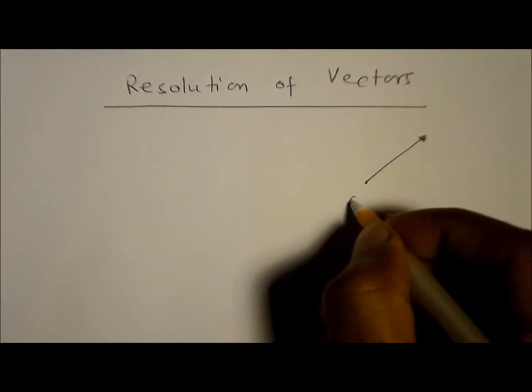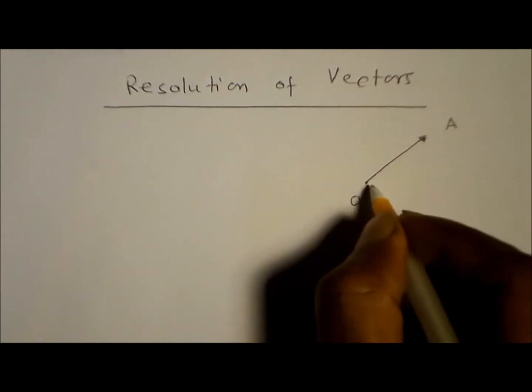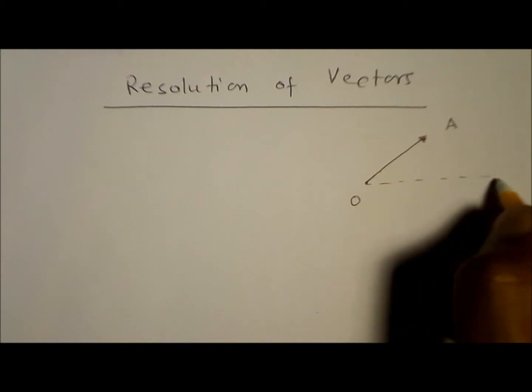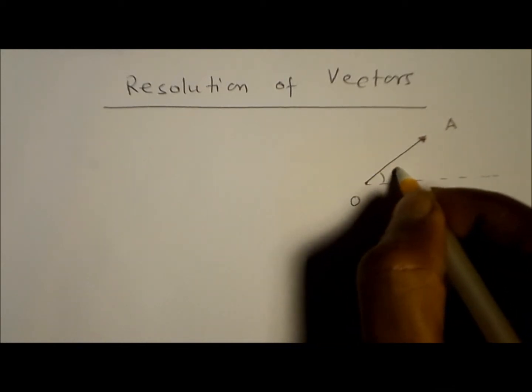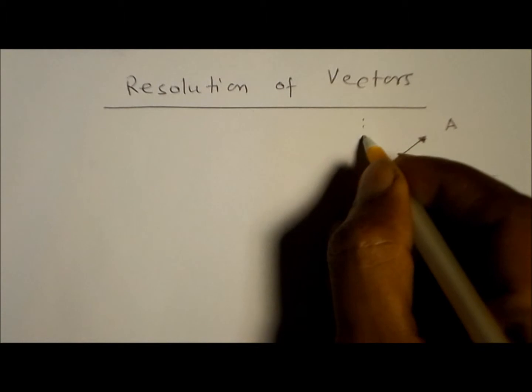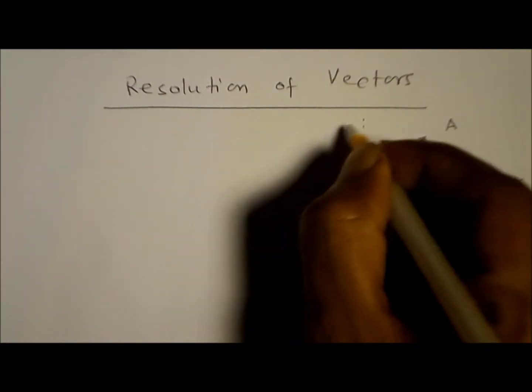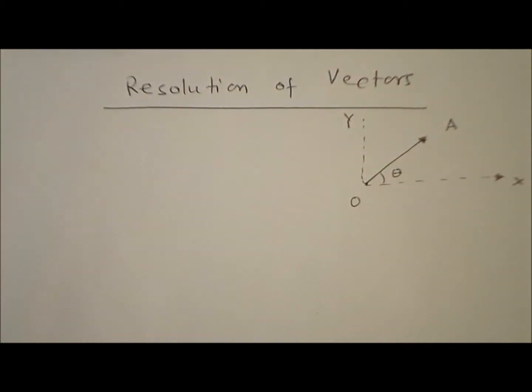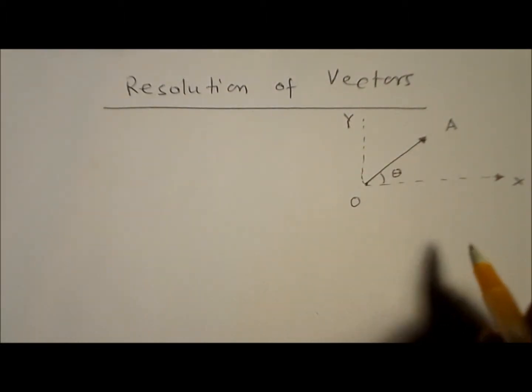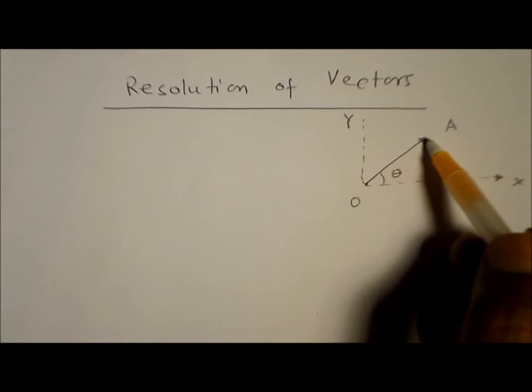Let's say this is an OA vector which makes an angle theta with the x-axis. We draw a rectangular coordinate system, x-axis and y-axis. We want to express this OA vector as the result of two vectors.